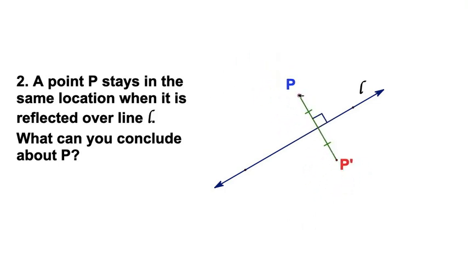And of course, the only way P could finally map onto P prime... what can you conclude? Put it in your own words. It's got to be on the axis of reflection. Bingo. I like that one. Okay.